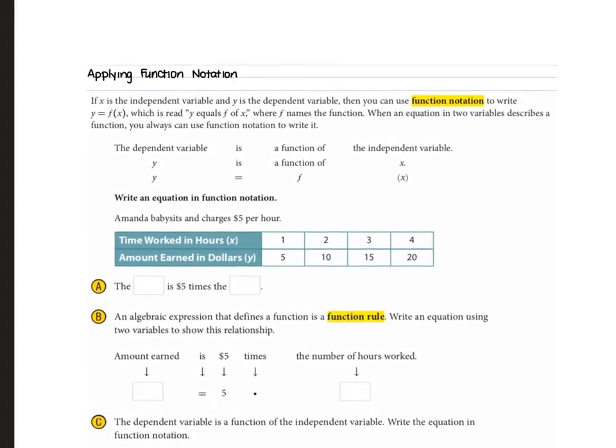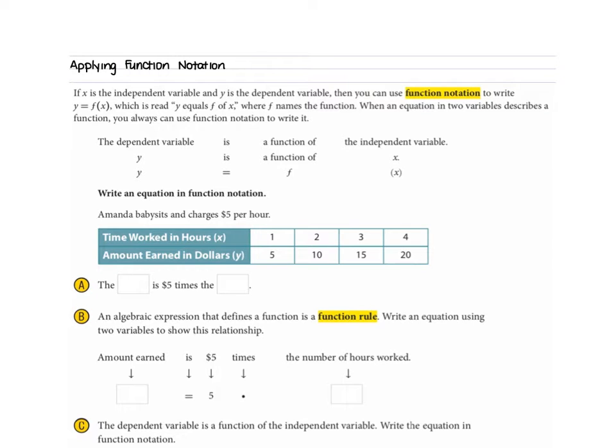If we look at our next part, we're looking at function notation. Function notation is if the x is the independent variable and the y is the dependent variable, then you have function notation to write as y equals f of x.